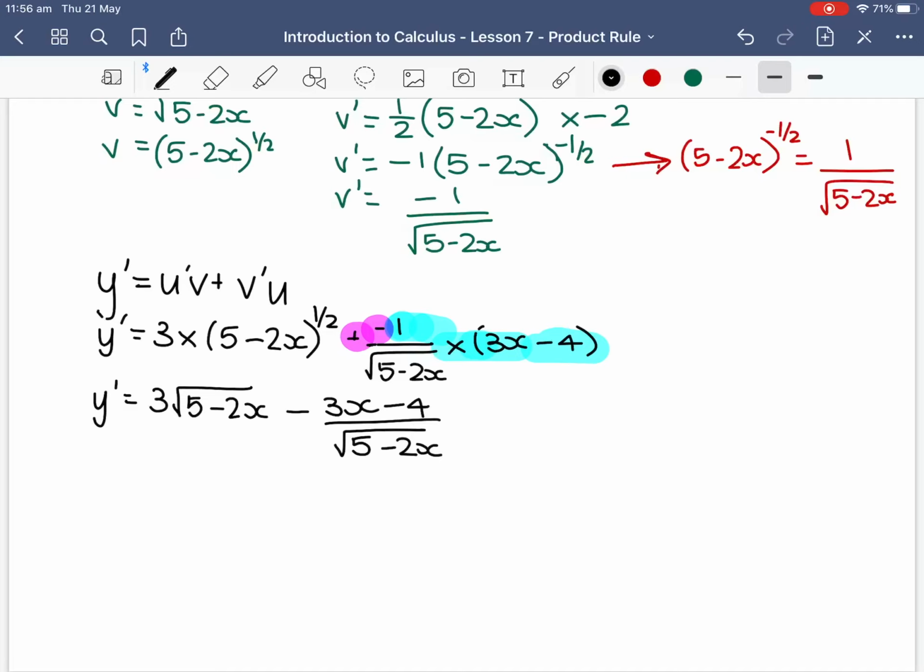And we're not done because we would like it all to be over the same bottom and actually to be one fraction.